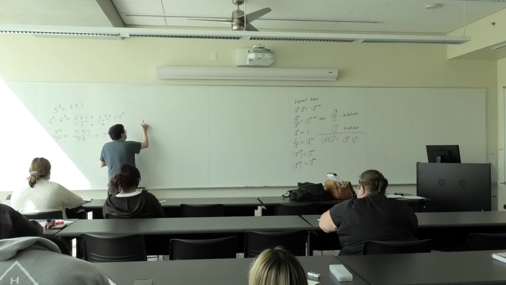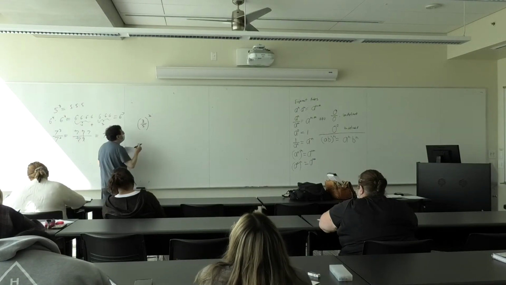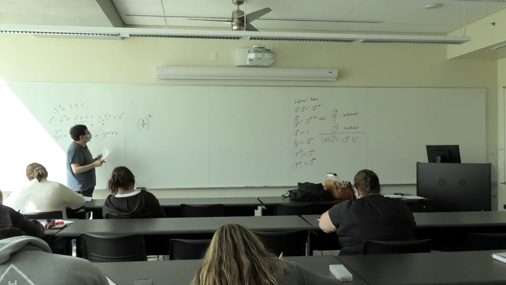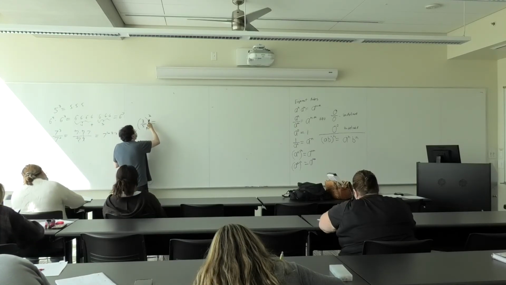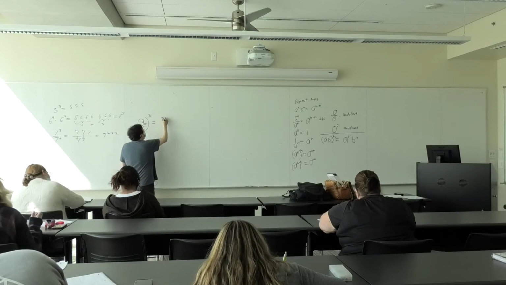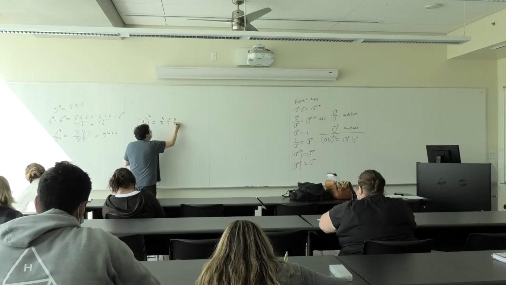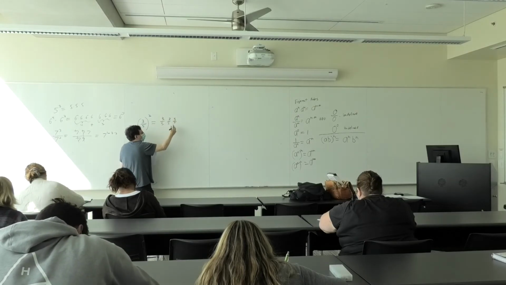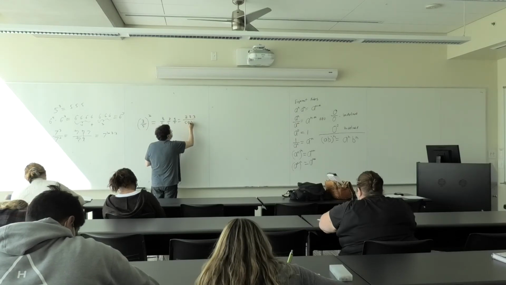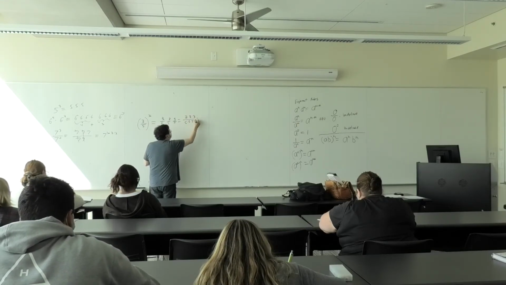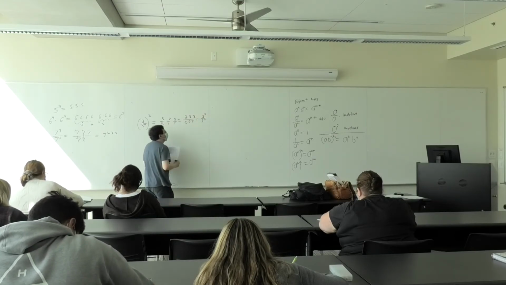If I had 3/5, a fraction, cubed, well, I know that's 3/5 times 3/5 times 3/5. I can just multiply the numerators and the denominators, and this is just 3 cubed over 5 cubed.